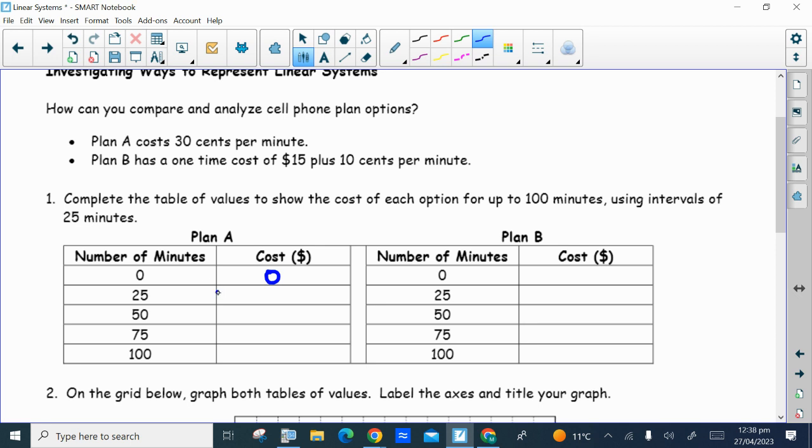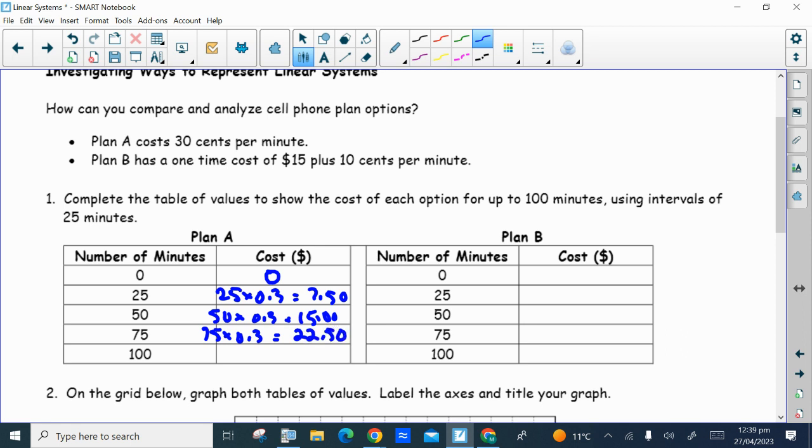To find the cost for 25 minutes, it'll be 25 times 0.3, which is $7.50. For 50 minutes, it'll be 50 times 0.3, which is $15. For 75 minutes, it'll be 75 times 0.3, which will be $22.50.